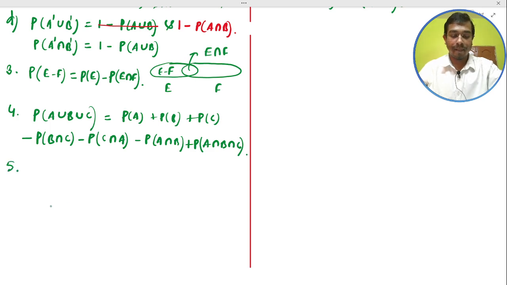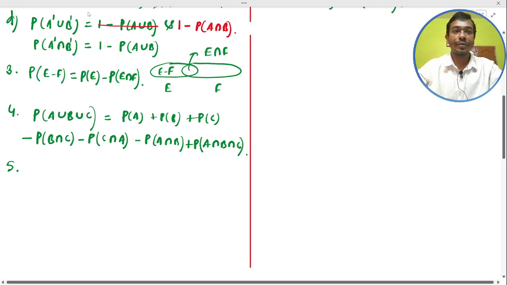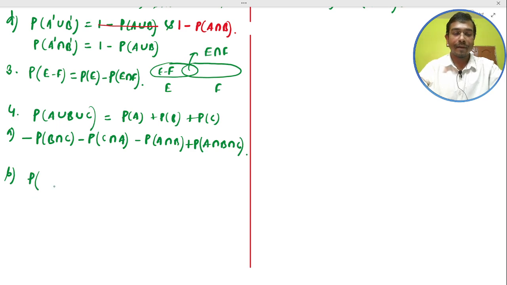This is number 4A, and that is 4B: P of at least 2 of A, B, C occur.